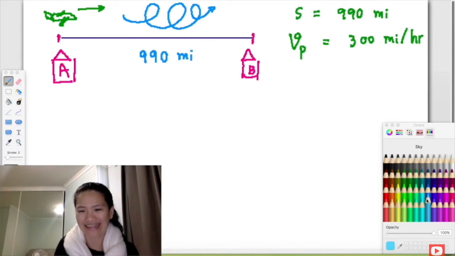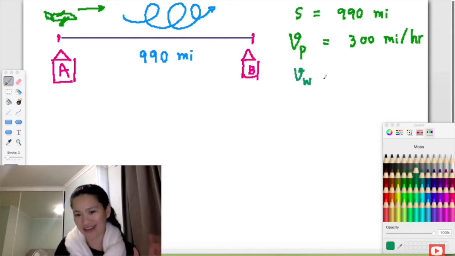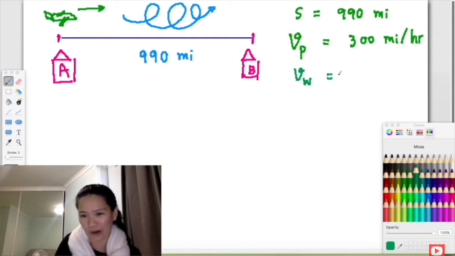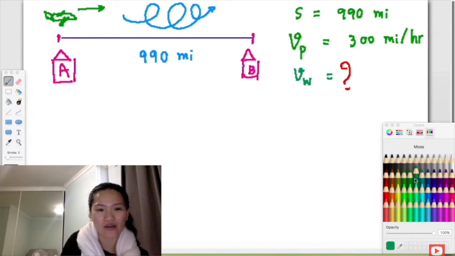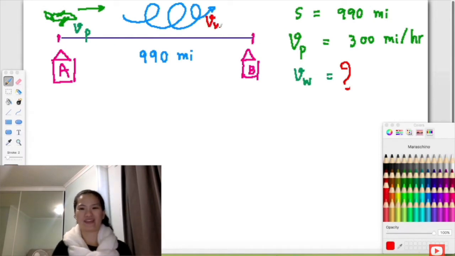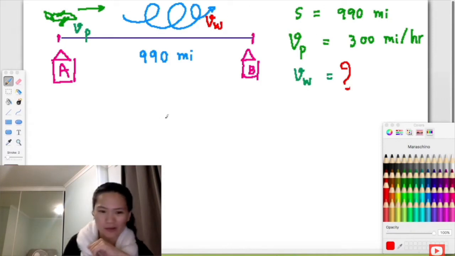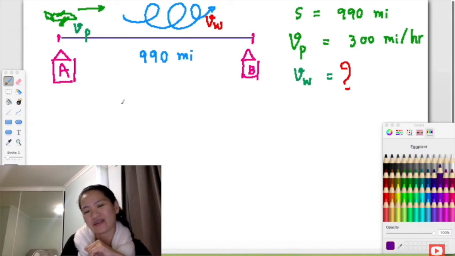What about the wind? VW, or speed of the wind, that's what we want to find out. Let's see from the picture. Now you know VP. You want to find VW, speed of the wind. Next one, let's see. You remember the formula I told you? Distance equals speed or velocity multiplied by time.